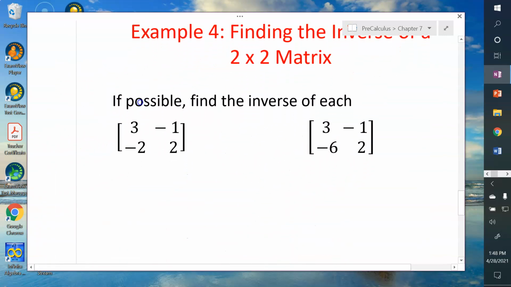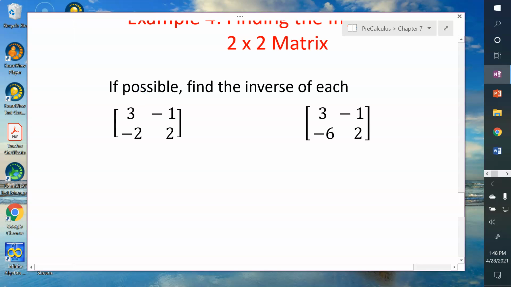All right, the next thing we're going to do, which is kind of neat, is there's a way to use a formula to invert a matrix. So we're going to use a formula. I'm going to show you 2 different ways. The first thing is that you have to look at the elements in your matrix.